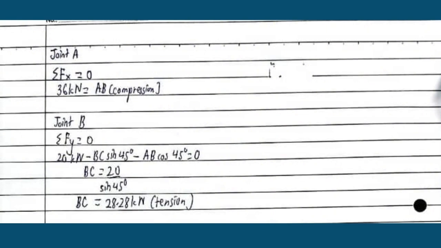For joint B, we have 20 kN acting on the y-axis. The forces in members AB and BC. Summing the forces, 20 kN minus BC sine 45 degrees minus AB cos 45 degrees. When we solve it, 20 divided by sine 45, we will get BC equals 28.28 kN in tension.